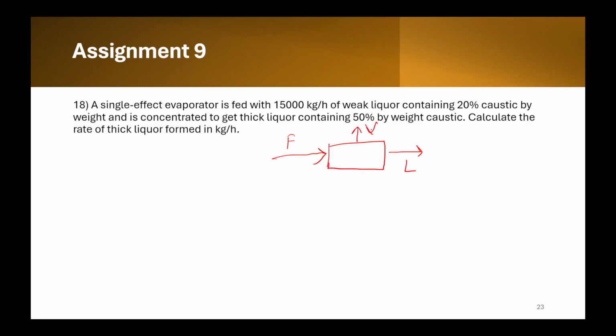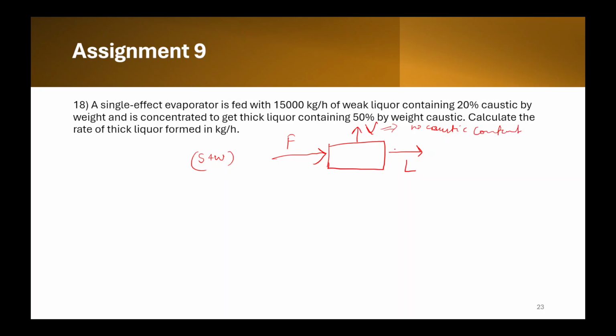Because what is happening here is there is some solution here. Suppose we write caustic as S plus water, and it is being evaporated here. What the evaporator does is reduce the amount of liquid in the solution and send it off as vapor. Suppose this caustic is non-volatile, so this vapor will have no caustic content.